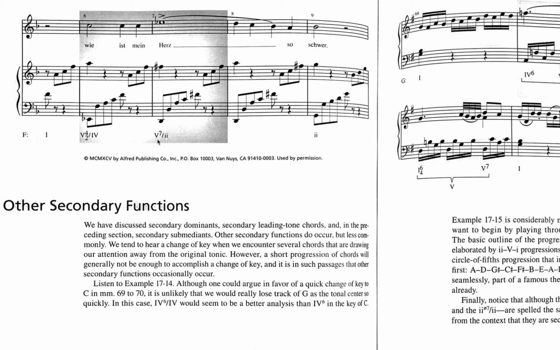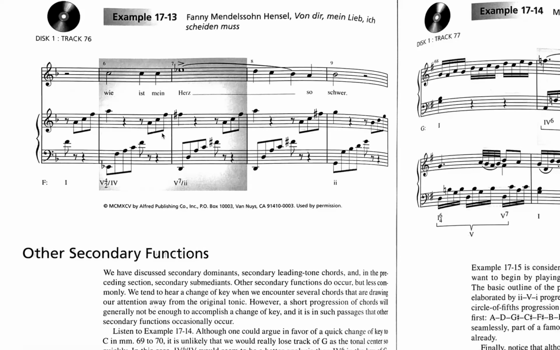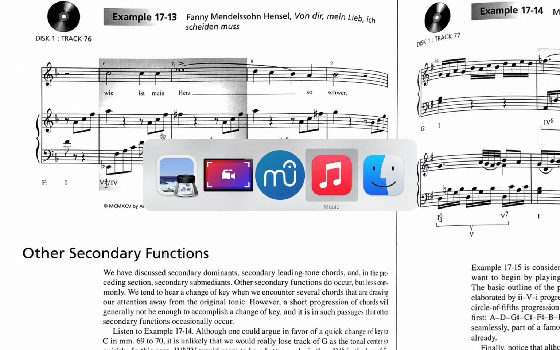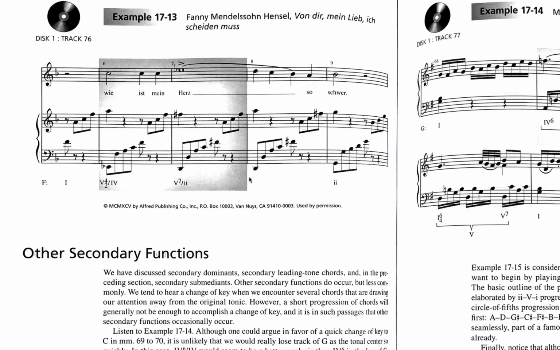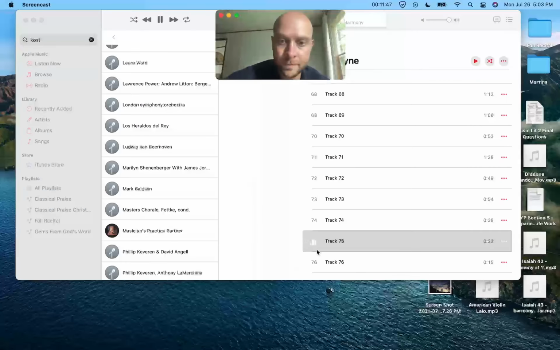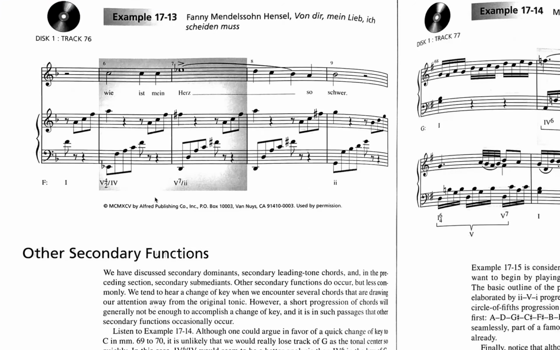Now, 2 in F is G minor, and 5 of G minor is D. So it's a minor third apart. So F7 to D7. Let's see how this sounds in a musical context. That's the other example, Example 1713.